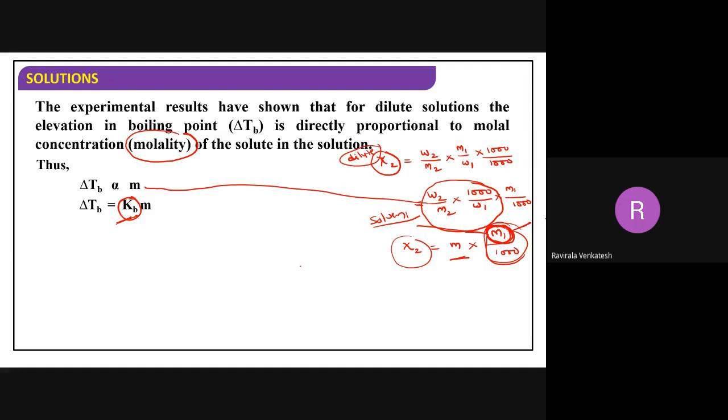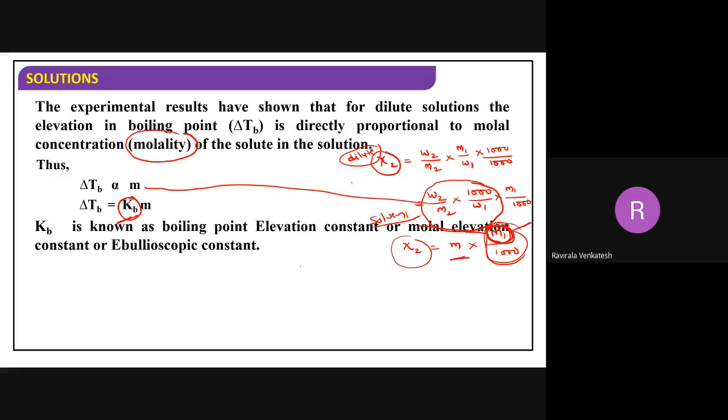Instead of taking M1 by 1000, I am removing the proportionality and putting Kb here. Kb is nothing but the proportionality constant, and can be called the molal elevation constant. Kb is called the molal elevation constant, or otherwise also called the boiling point elevation constant, or we can call it the ebullioscopic constant.